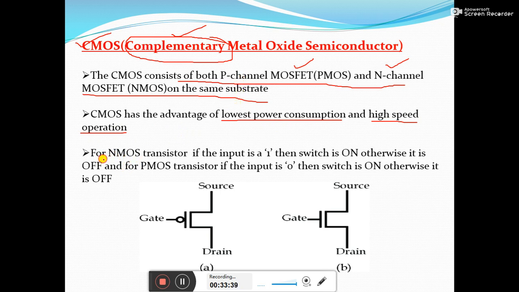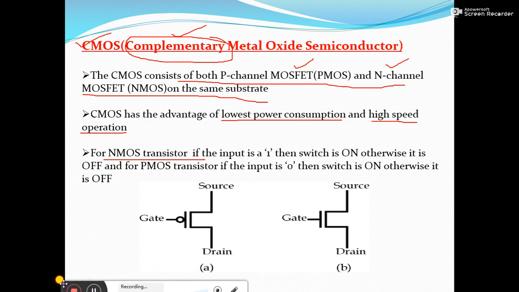For the NMOS transistor, you can see here there are two transistors, they are symbolically shown here. This is an NMOS transistor. If the gate is made 1, then the switch will be on, meaning the charge carriers are able to flow from source to drain.